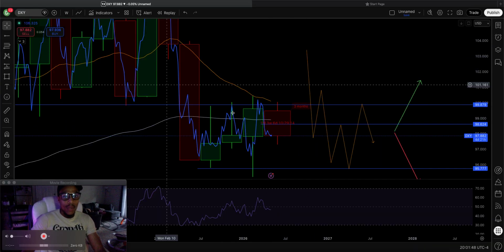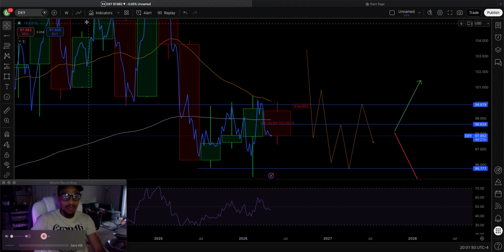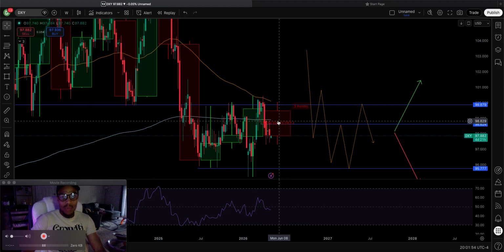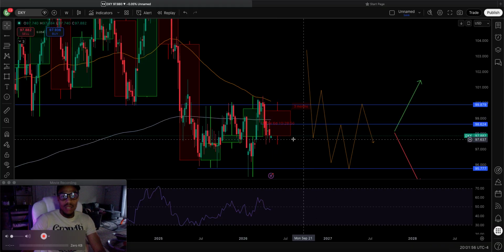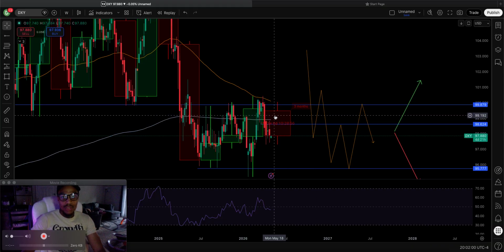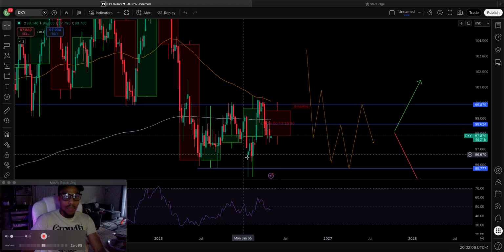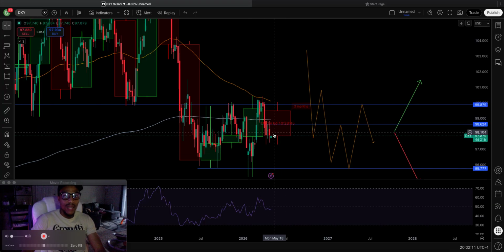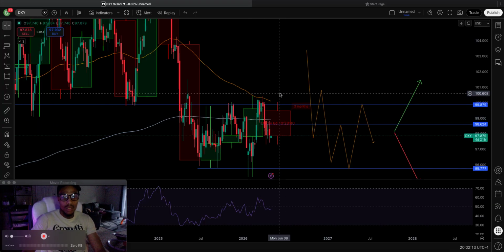So the only way this bias can play out, now to kind of go back to this, is if we close bearish. What I would need to see is at some point for this candle to close bullish on the weekly time frame in order for me to know, okay, hey, look, we could be pushing back up based off of this quarterly, because we are in a zone where price can push back up, right?